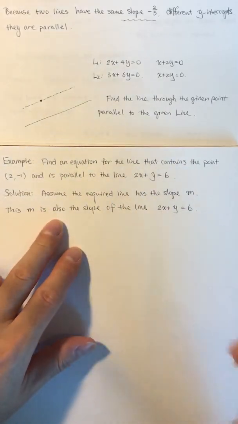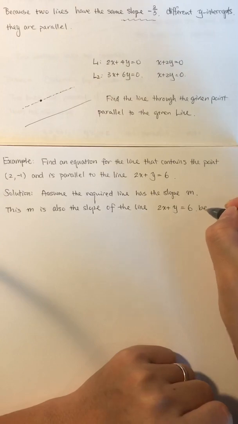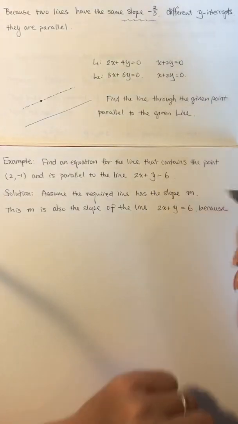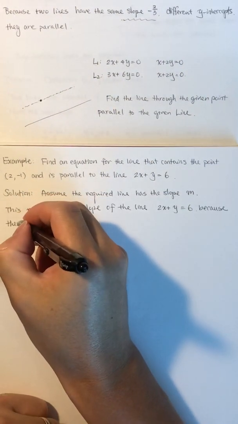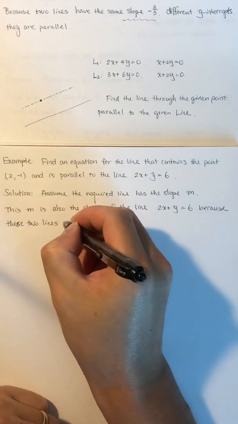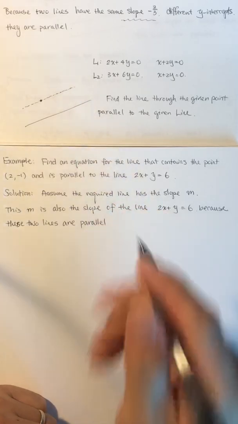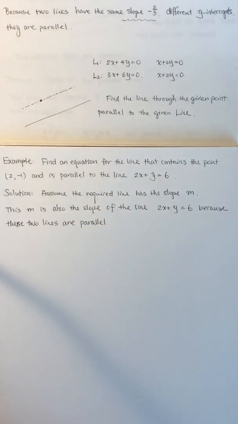This m is also the slope of the given line because these two lines are parallel. Right? If two lines are parallel, then they have the same slope.